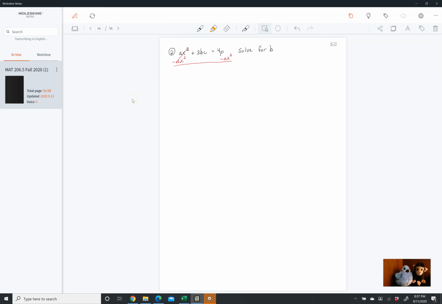So this leaves us with 3bc is equal to 4p minus ax squared. And then once again, the b is being multiplied by both a 3 and a c. So we're going to divide by those.